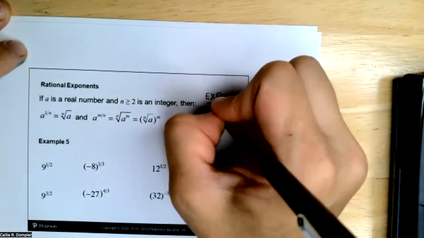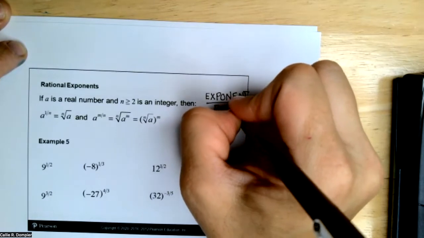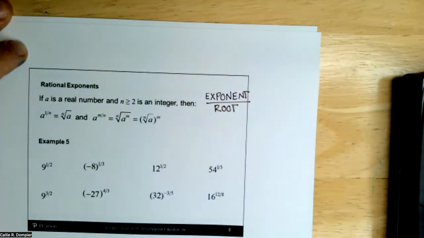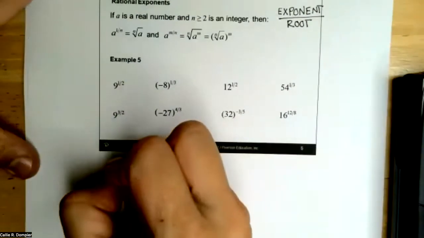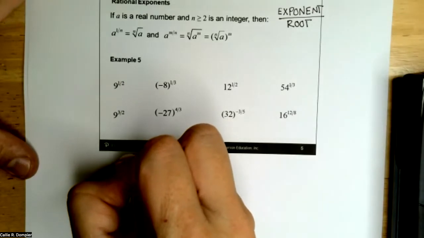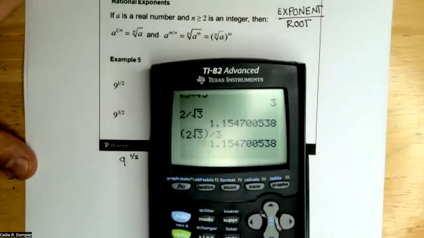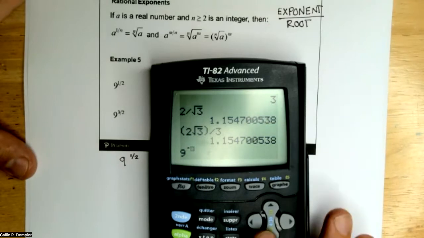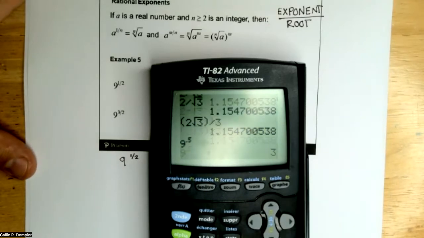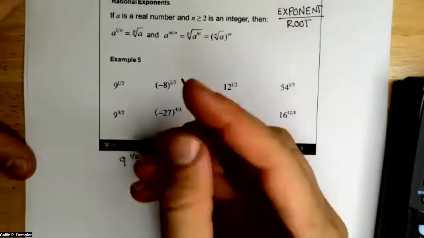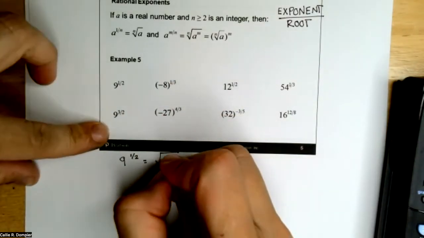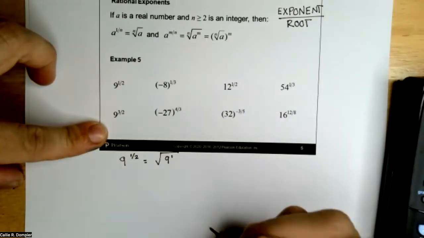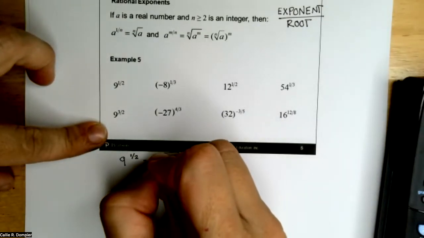Exponent over the root when you rewrite it, or the index, the exponent over the index. So 9 to the power of 1/2. What does that look like? 3. Why? Because the top number is your exponent, so it's 9 to the first power. That second number is your index.